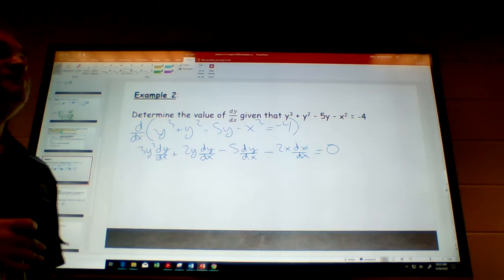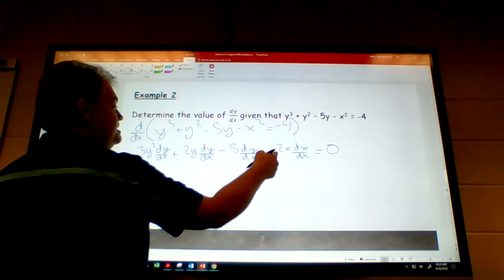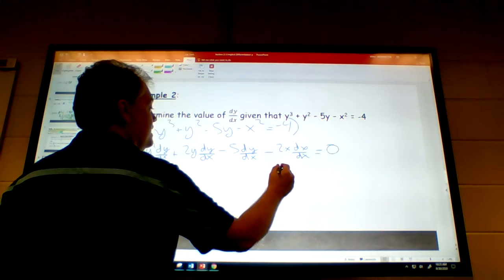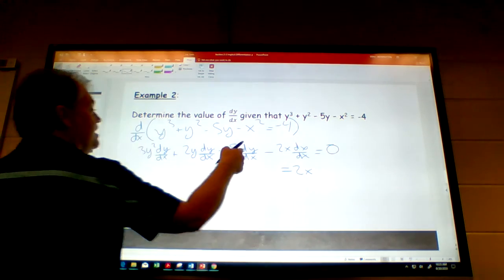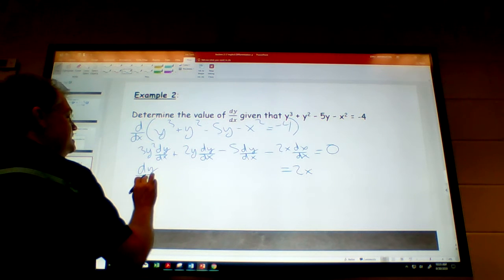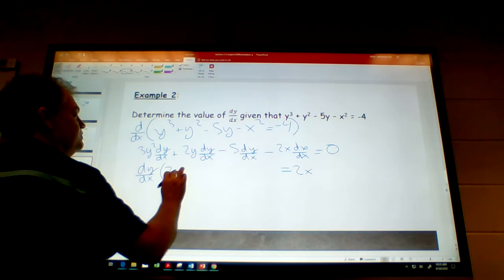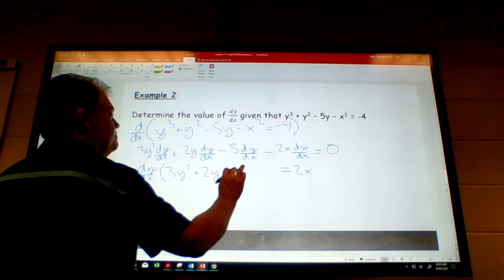Then the next thing I want to do is remember that this becomes 1, so I'm just going to simply move this term over there, so it's going to be equals 2x. But all these have dy over dx. So I'm going to factor out dy over dx times 3y to the second plus 2y minus 5.